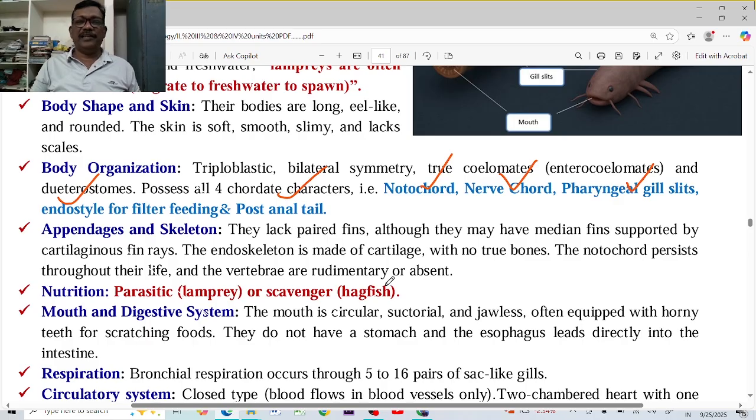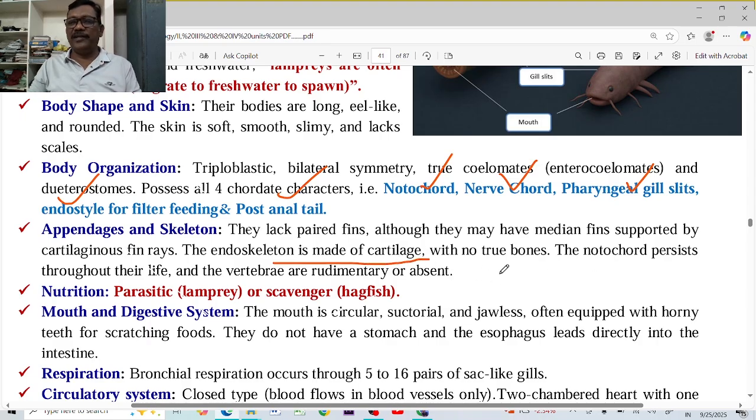Appendages and the skeletal system. The fins are present, and cartilaginous structures support the fins. The endoskeleton is made up of cartilage.